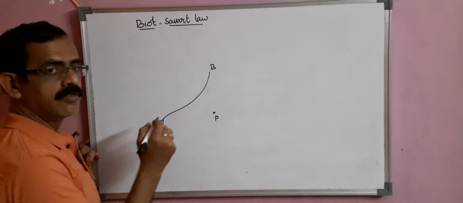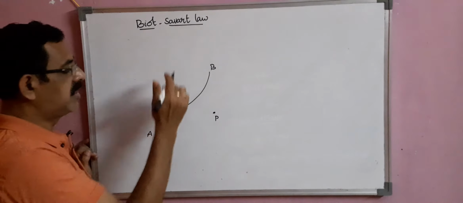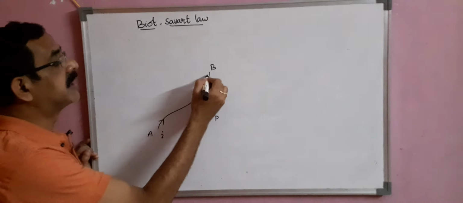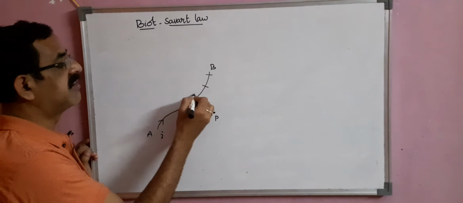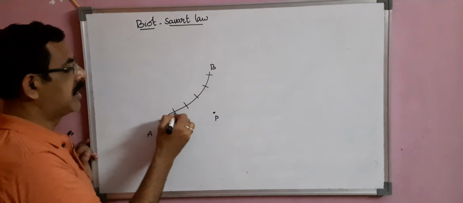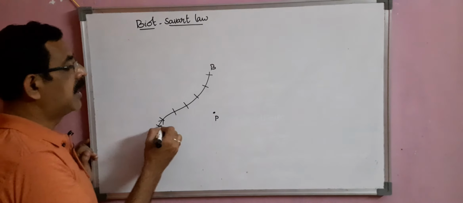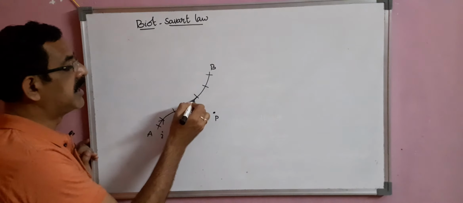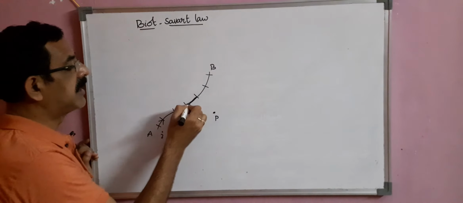Now to calculate this magnetic field, Biot and Savart divided this conductor into a large number of elements, and they considered one element. The length of the element is nothing but dl.